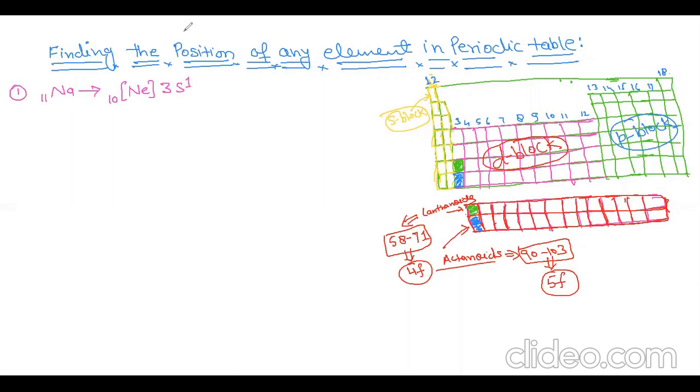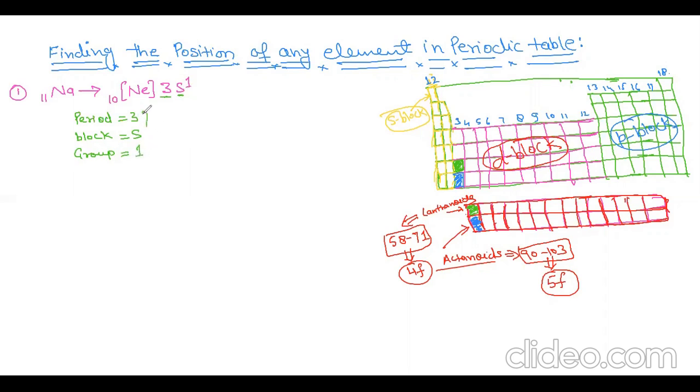Now in this, the largest number is 3, that means period equal to 3. Second, you write the block. The last electron is coming into S, that means the block is S. Third is the group. Here the last electron is coming into the S orbital, so the number of electrons is 1.